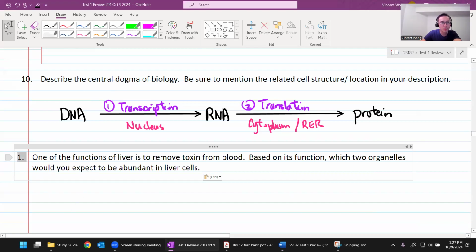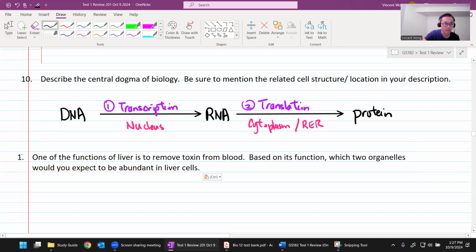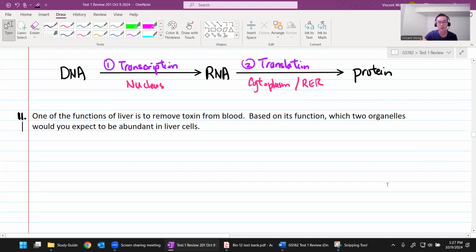One of the functions of the liver is to remove toxins from the blood. Based on this function, which two organelles would you expect to be abundant in liver cells? So remove toxins, right? There is the smooth ER that does that.